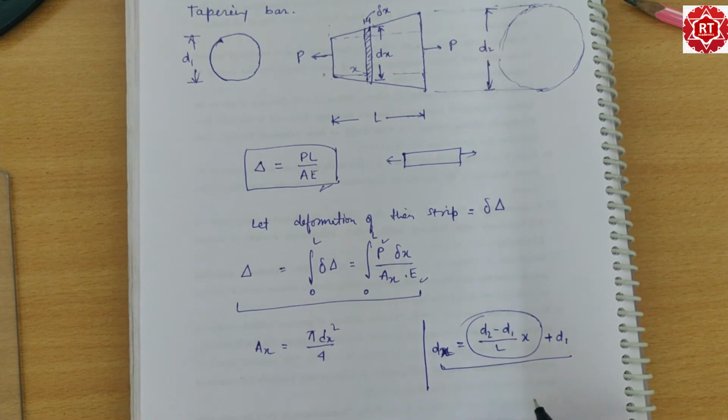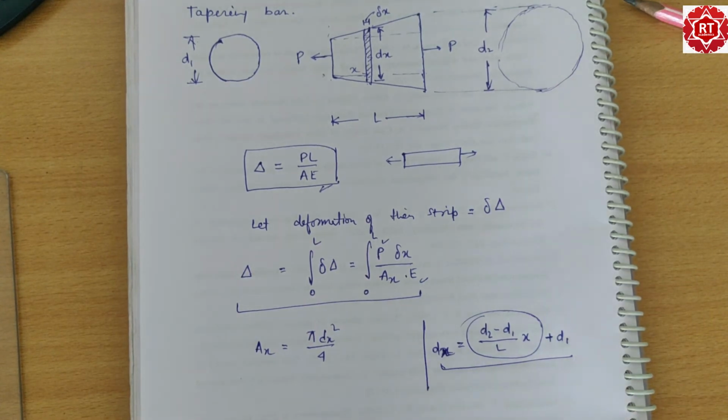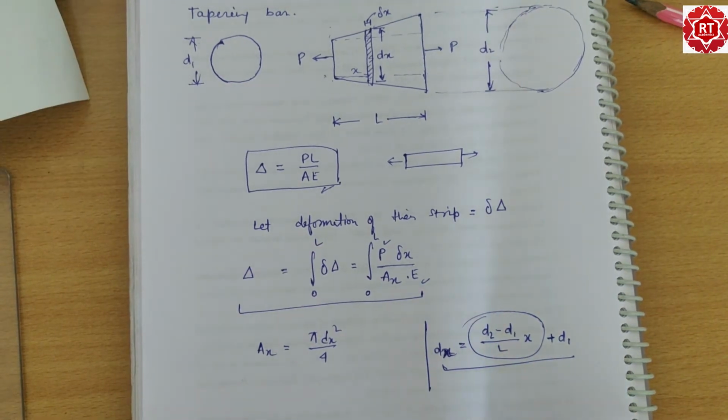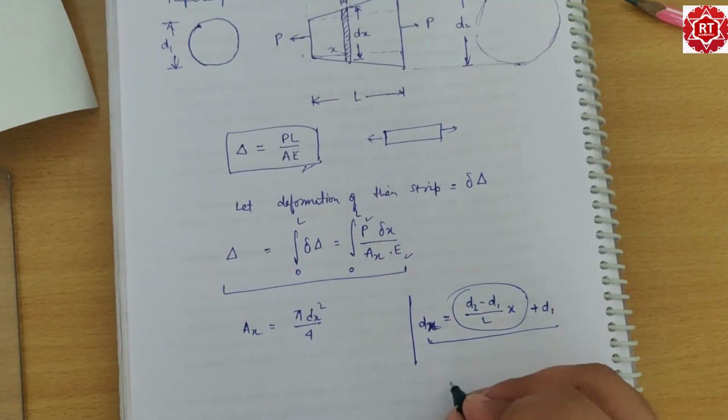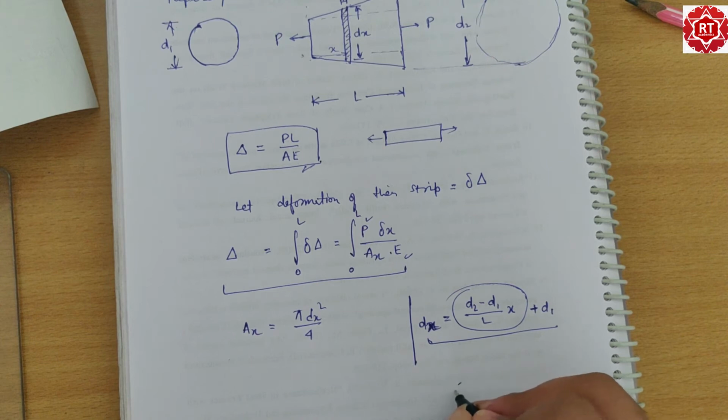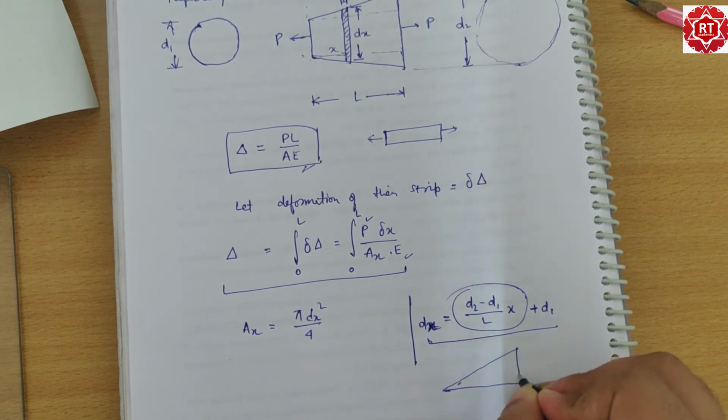So how do we find this? Let's say for this figure, this is the tapered section like this.